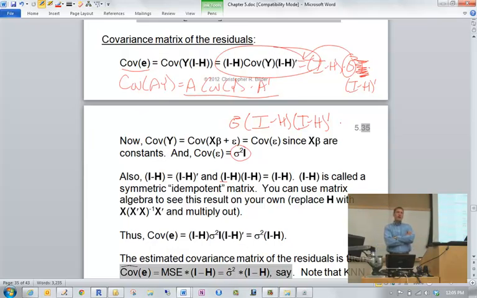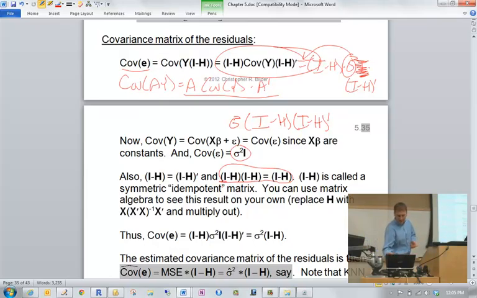And (I minus H) times (I minus H) is equal to I minus H. That nice little property corresponds to what's called an idempotent matrix. If you've had a matrix algebra class, you've probably heard of idempotency before. If you haven't, don't worry about it. Just understand that if you have an idempotent matrix and you multiply it by itself, you get the matrix back. Okay?